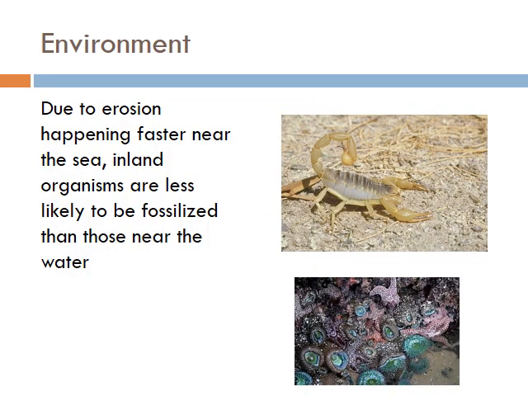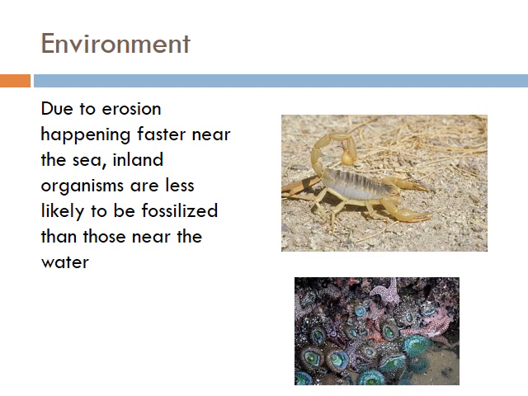The environment plays a huge impact on what we can learn about. Erosion is a major way that we get the sediment we need to fossilize things. If erosion isn't happening, if we don't have sediment covering these organisms, then they're not going to get fossilized.